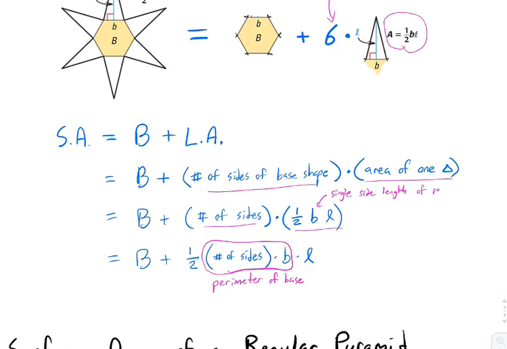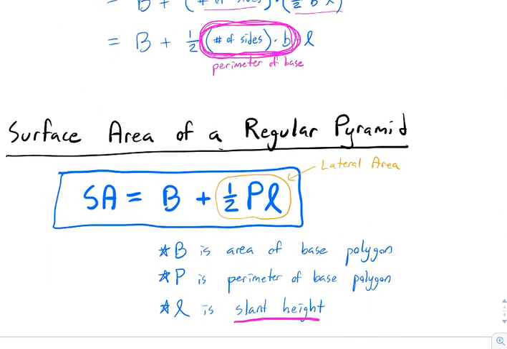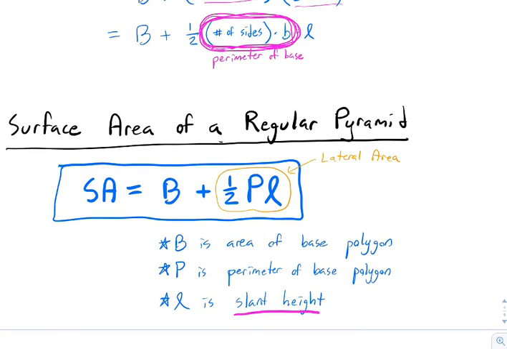I could rearrange this to say 1/2 times number of sides times B. If I have a regular shape and I have one side length times the number of sides, that's just the perimeter of the base. So our formula becomes one single base.